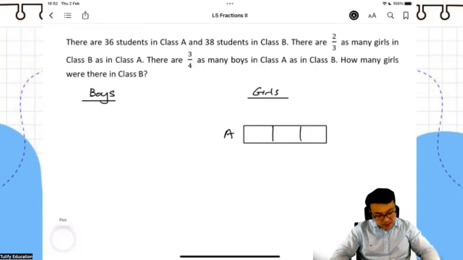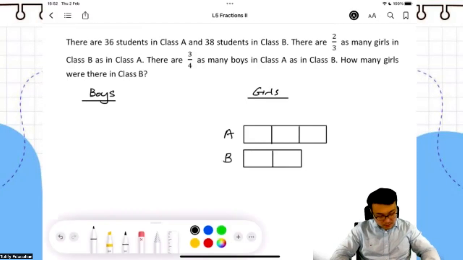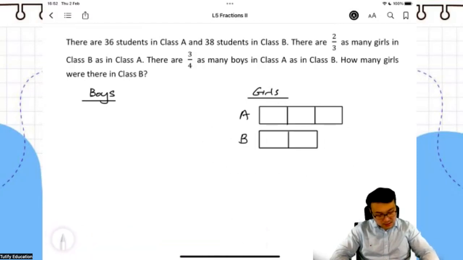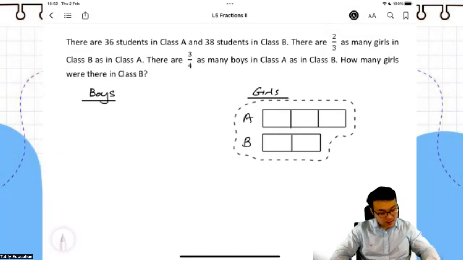So let's draw it properly. There you go. There are 2/3 as many girls in class B as compared to class A.